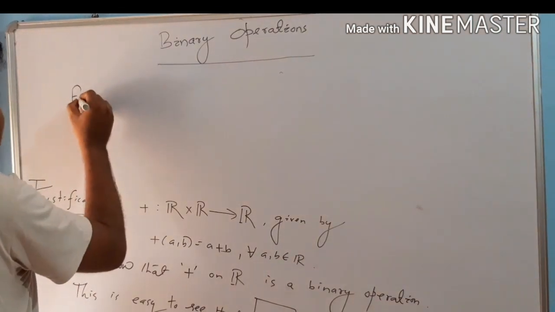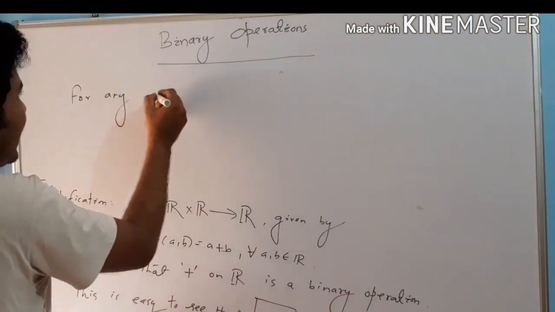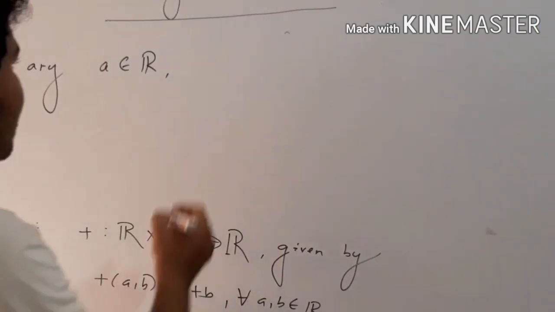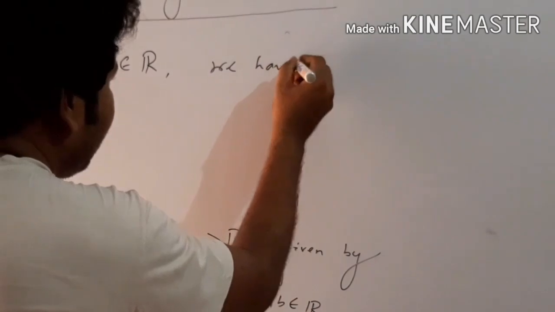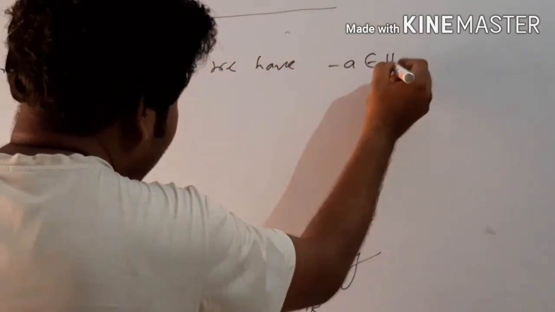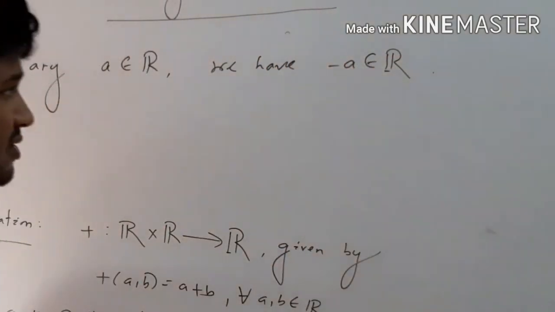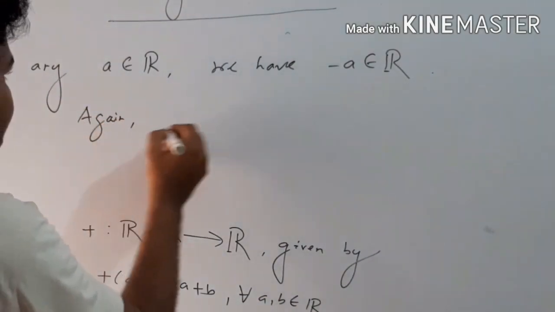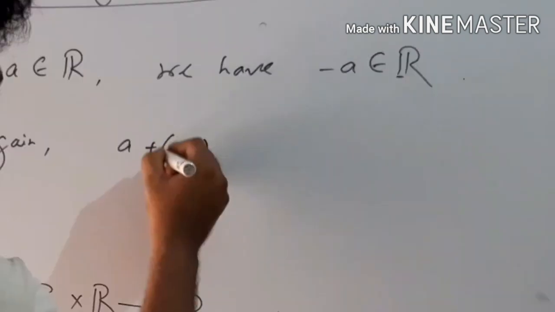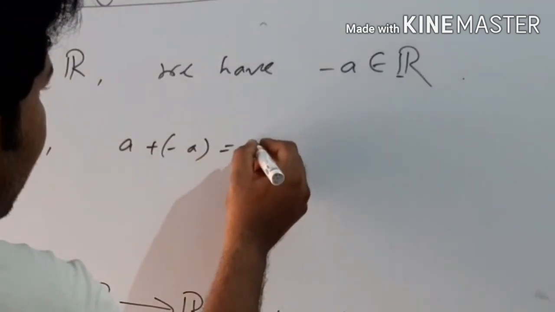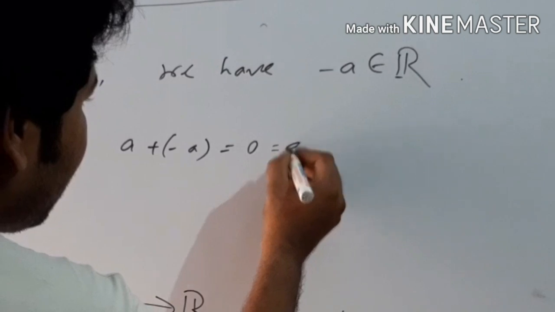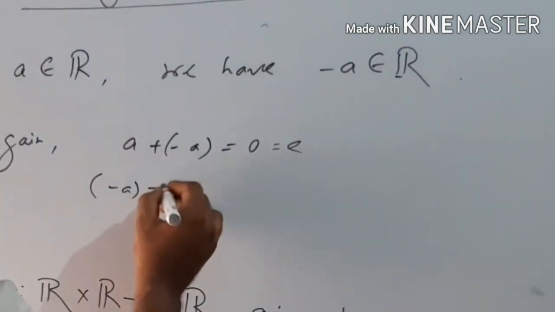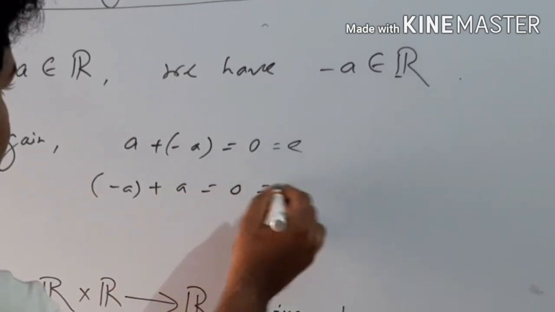For any A belongs to R, we have minus A belongs to R because it is our set of real numbers. Again, A plus of minus A equal to 0, which is equal to E here, and minus A plus A equal to 0, which is equal to E.